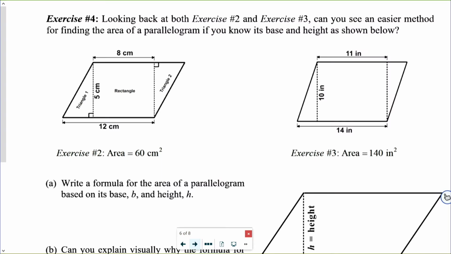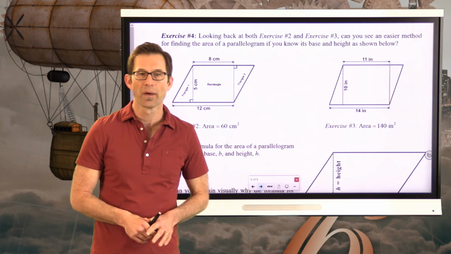Exercise number 4. Looking back both at exercise number 2 and exercise number 3, can you see an easier method for finding the area of a parallelogram if you know its base and height as shown below? All right, so let's talk about this a little bit.